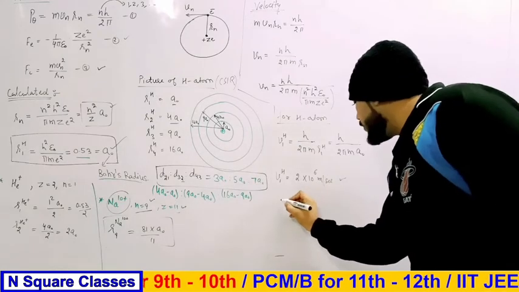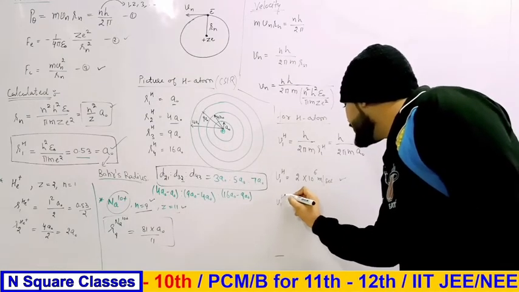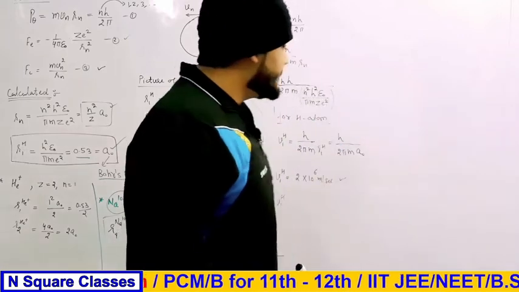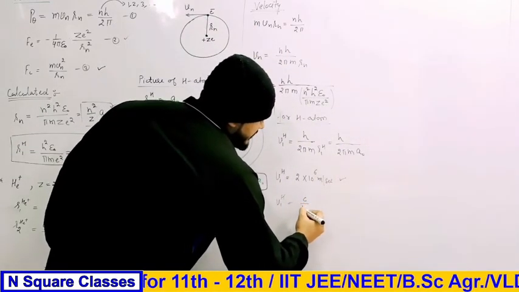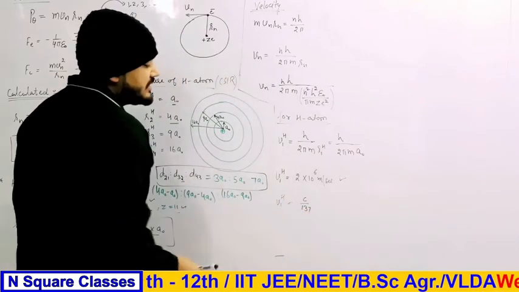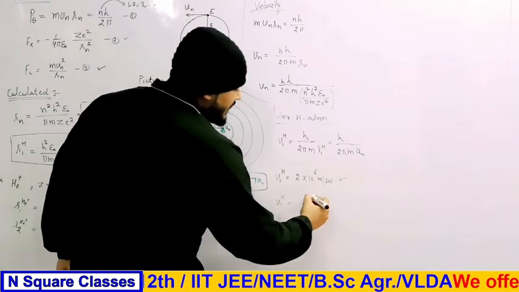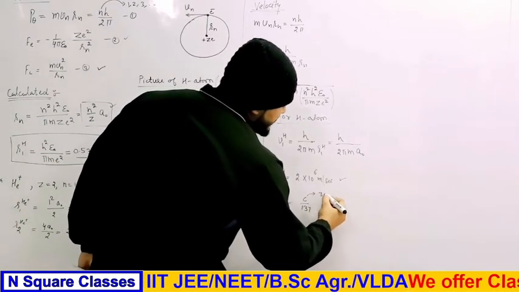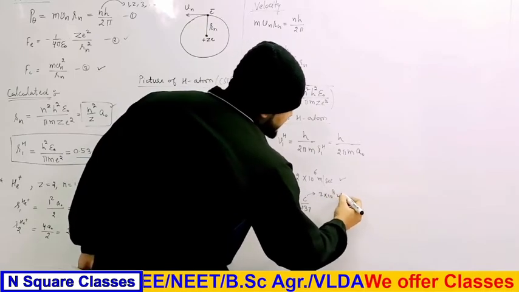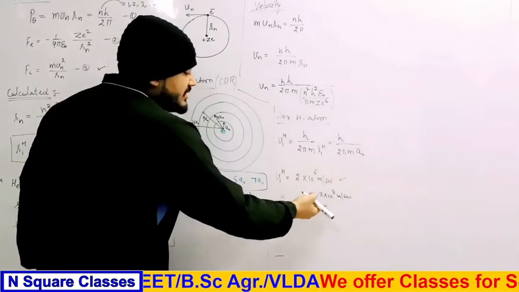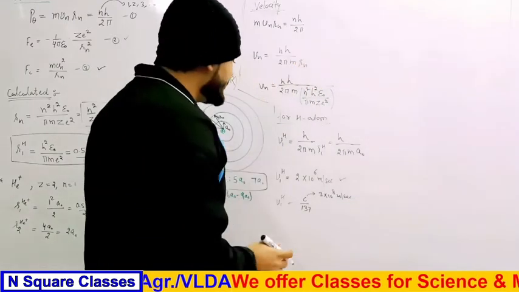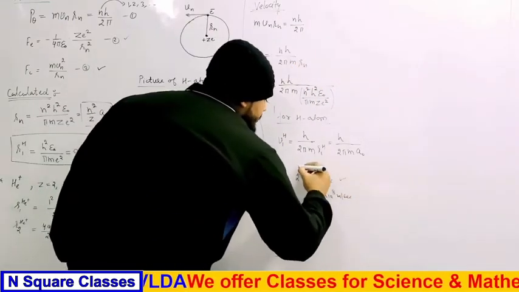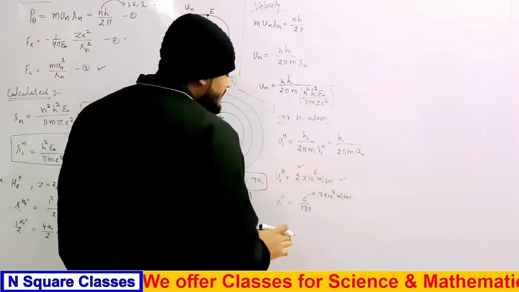Now this value is also written like this: V1H equals c divided by 137. Here c is the speed of light. The value of c is 3 into 10 raised to power 8 meter per second. If this is divided by 137, we get the approximate value.